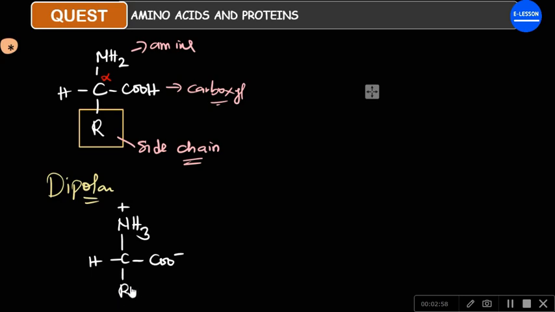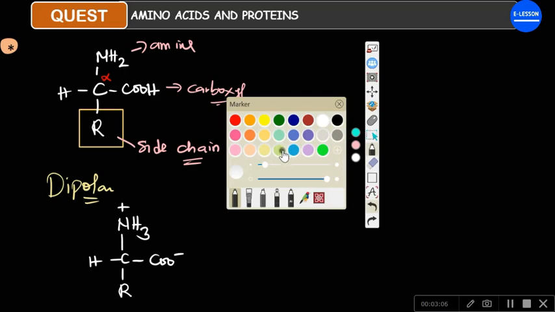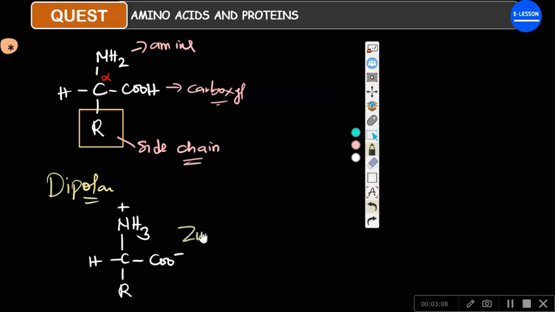This R is the side chain, like I told you. The side chain is what distinguishes one amino acid from the other. This form of the amino acid is what we call the Zwitter ion form. So you should be able to write amino acids in their Zwitter ion form.